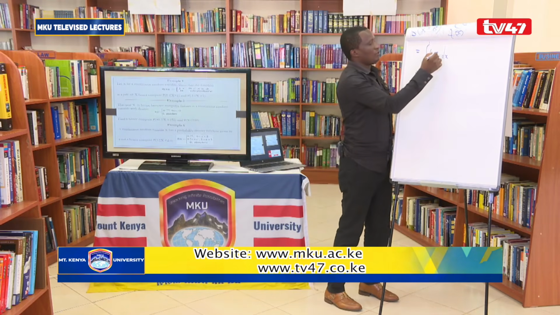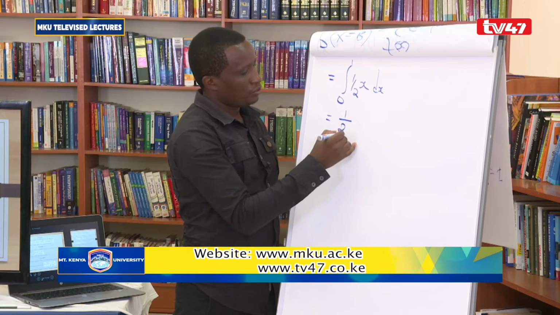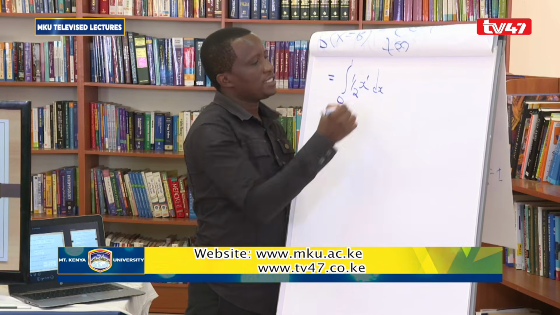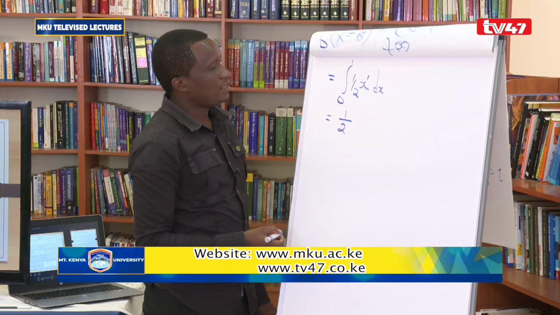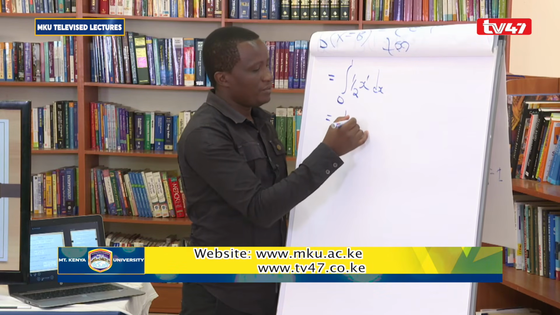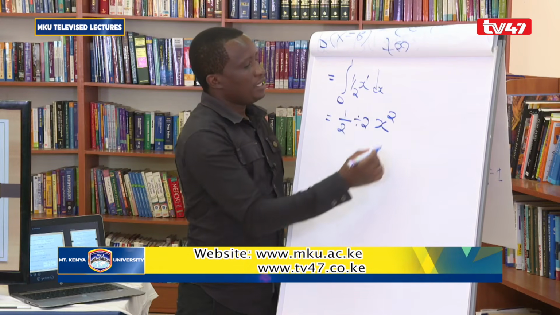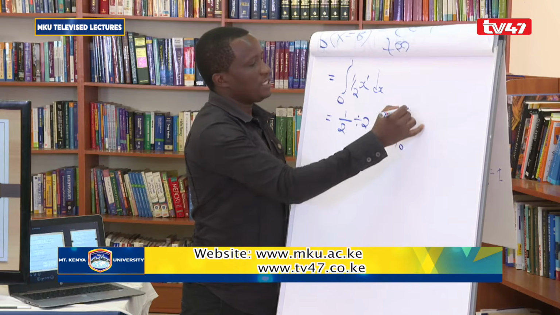The integral of this is 1 over 2. Then since the power of x here is 1, we add 1, then we divide by that. So this will mean divide by 2 again, then x raised to power 2. And then we replace our limits 0 to 1.